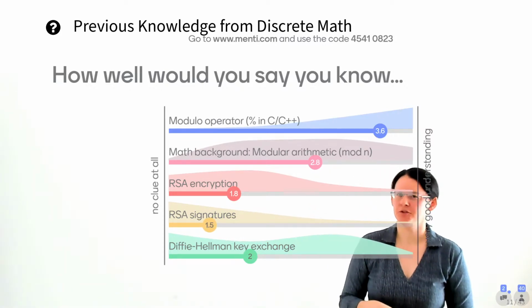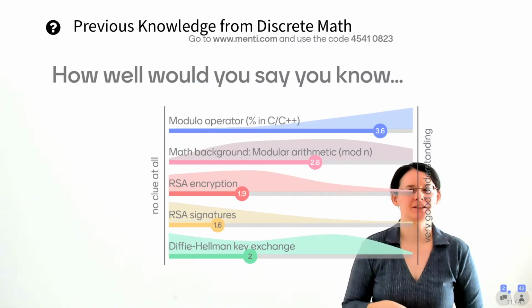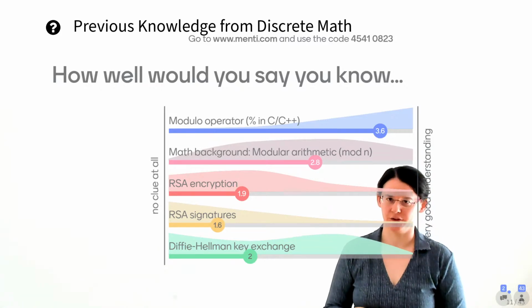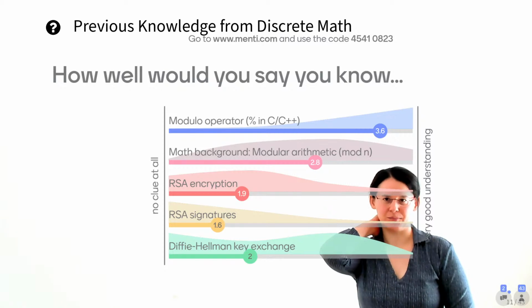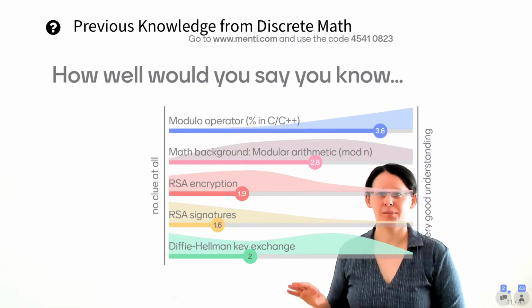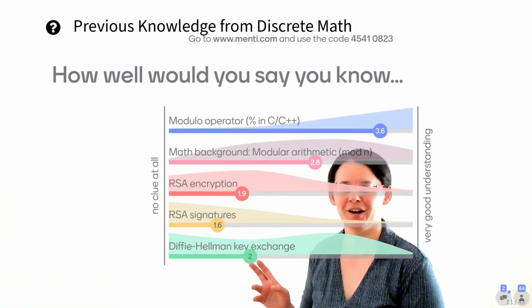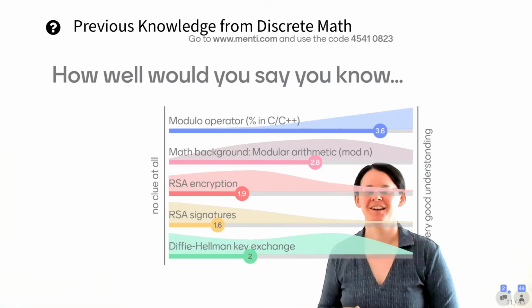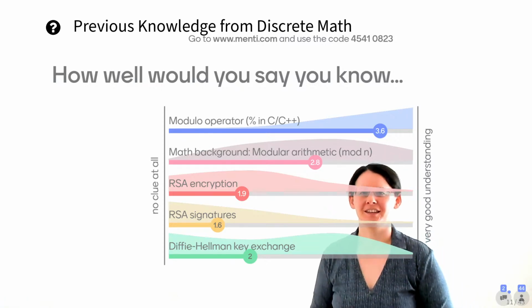I think this is usually covered to some extent in discrete mathematics, but I'm not sure to what extent it was covered in your year and whether you actually had that course. It actually seems, to my surprise, that Diffie-Hellman key exchange seems a bit more well known, but maybe that's due to the very, very small number of samples here. So only 2 samples. Apparently not everybody reached the end of the poll.